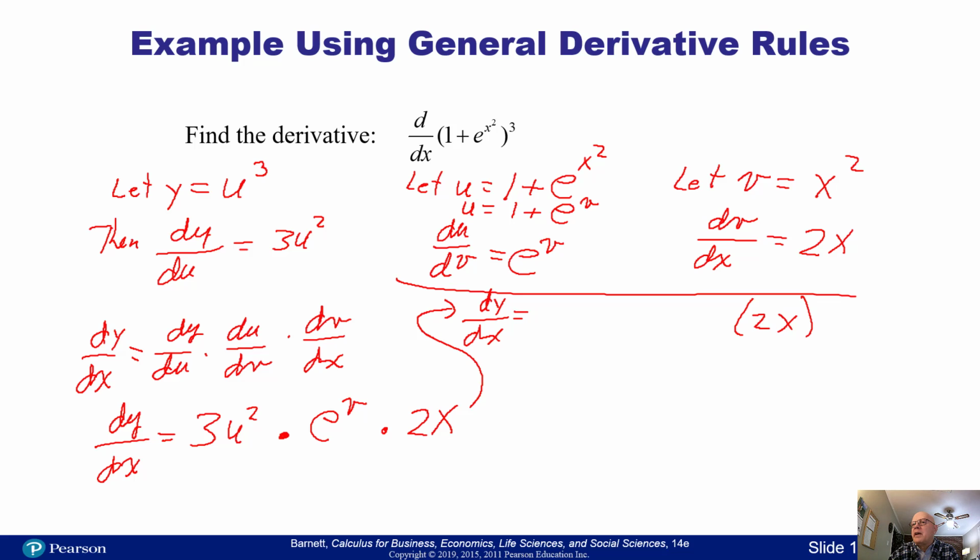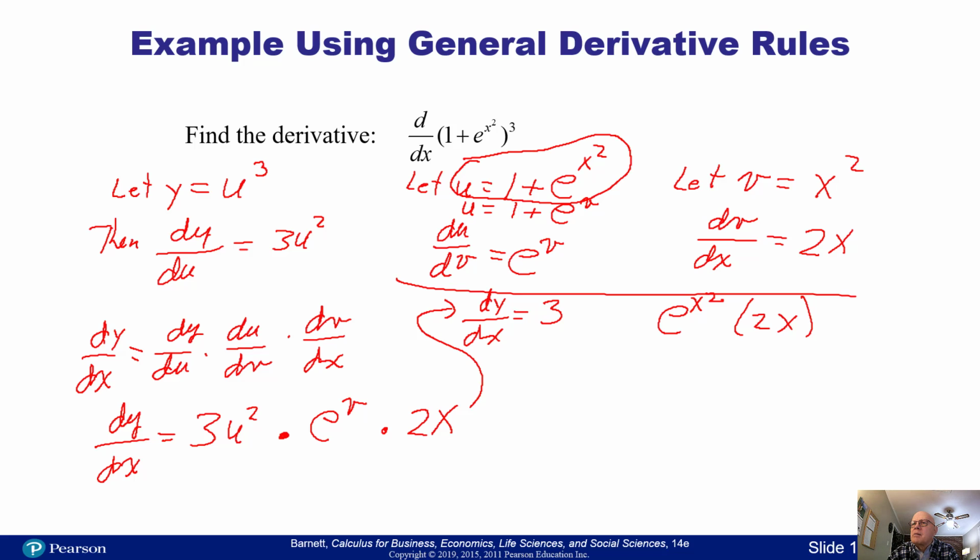We've got a v here. We shouldn't have the v in dy/dx. What's v? Well, right here, v is x squared. So this part right here is e to the x squared. Well, what's 3u squared? What's u? Well, u is up here, this.